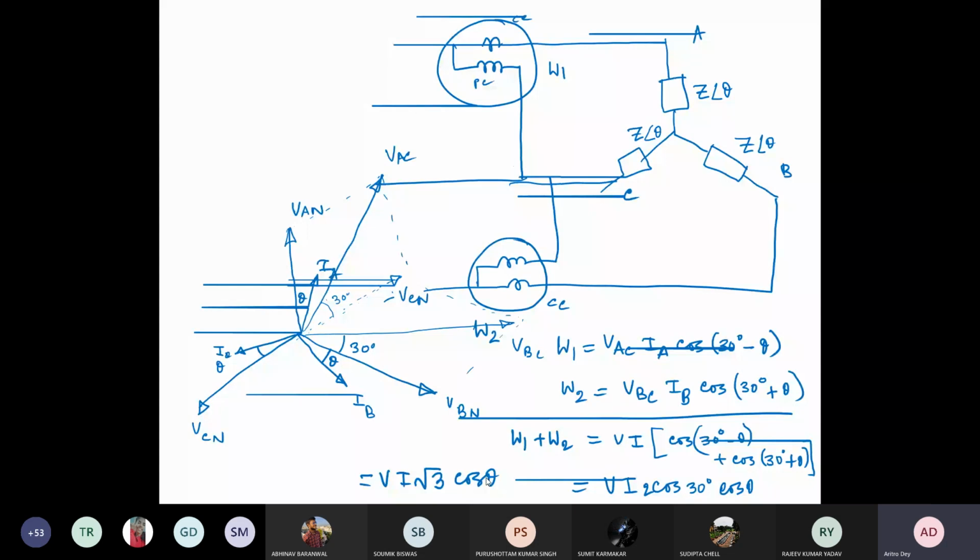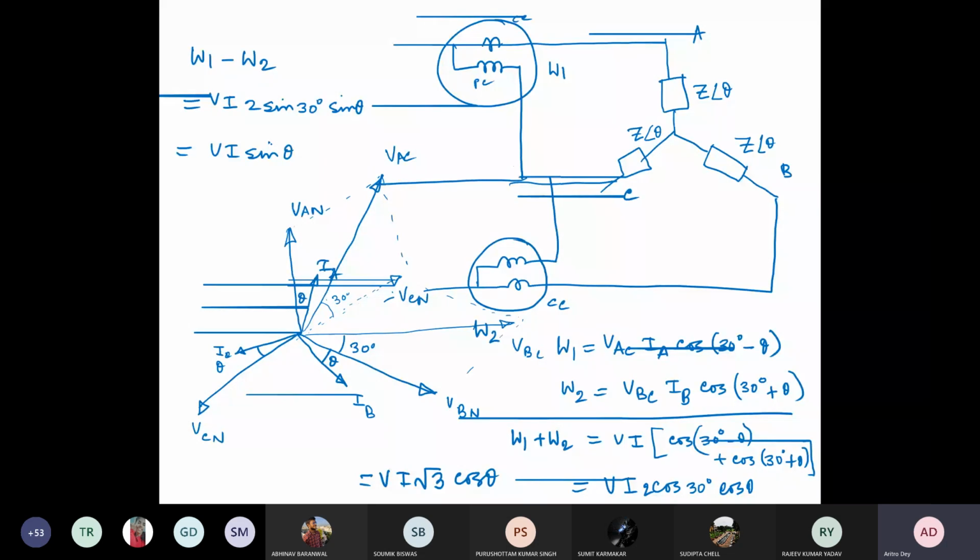And if we take W1 minus W2, we will get V into I into 2 sine 30 sine theta. So we'll get VI sine theta.